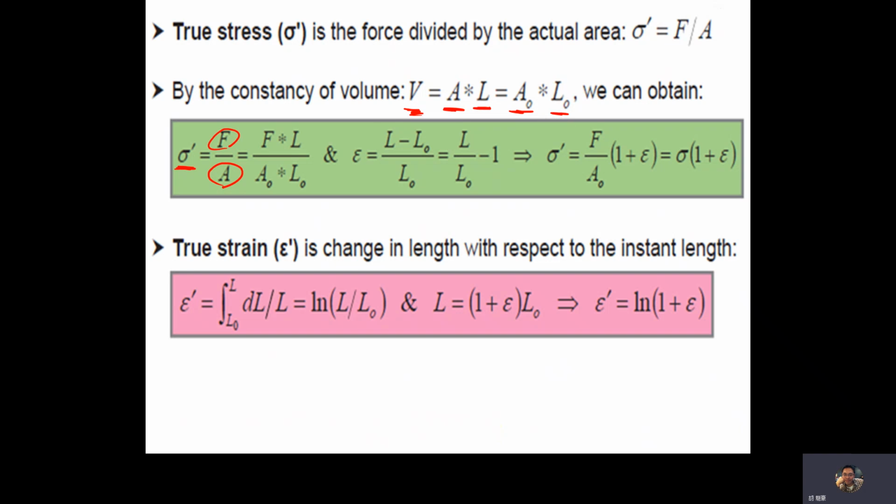The true stress equals force divided by the instantaneous area, and this instantaneous area equals this term. And for the strain, it equals the instantaneous length minus the original length, divided by the original length. You get the strain.